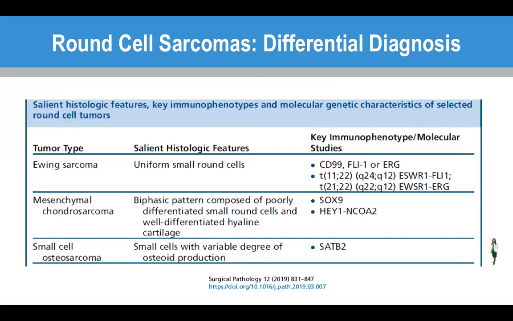SOX9 is positive, and there is a rearrangement of HEY1 and NCOA2. Small cell osteosarcoma has various degrees of osteoid formation, and if it's a biopsy specimen and you're trying to highlight the bone-forming features of this tumor, SATB2 is a good marker for this.